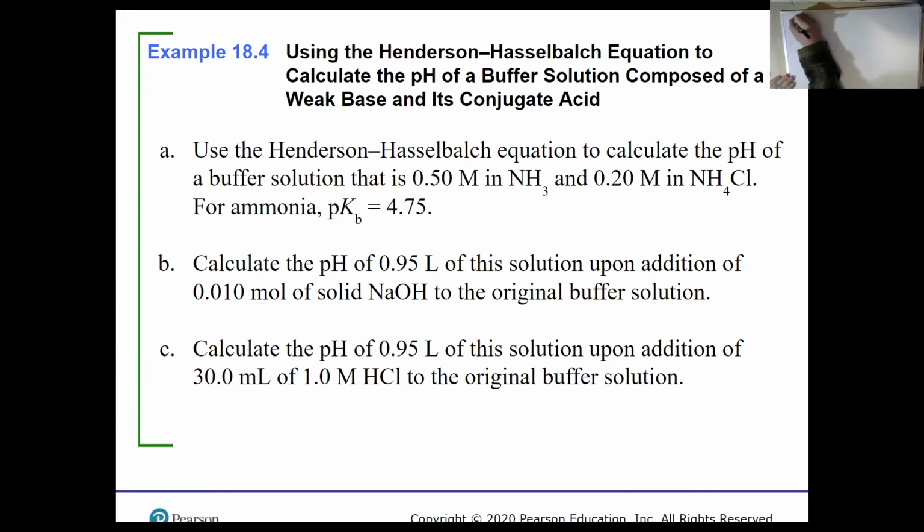We're going to have a buffer that's 0.50 molar NH3 and 0.20 molar NH4Cl. And they're telling us that the pKb for NH3 equals 4.75. Those will be the information that doesn't change for our problem here.